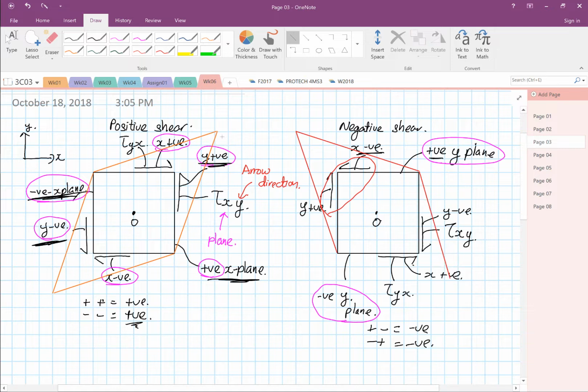And by no means is there a relationship to say which is a better shear. It does not mean positive shear is better, negative shear is worse. No, there's no such relationship. So this is the deformation pattern. Likewise on the other side, this is also the deformation pattern.